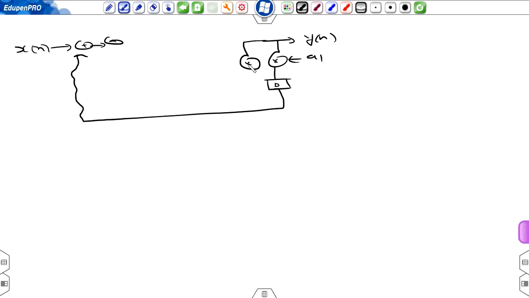This is multiplied by a2, delayed by 2 clock cycles and given to this adder.